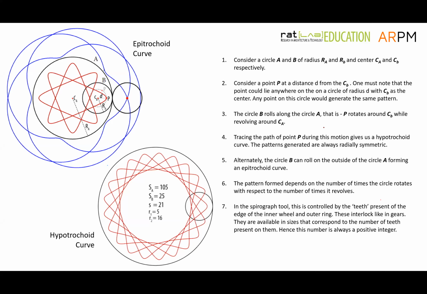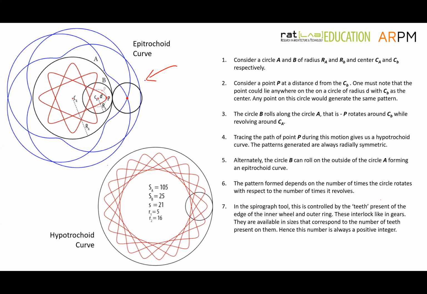So essentially, you are considering two circles, circle A and B, the outside and the inner one, which are your ring and the wheel, having respective radii RA and RB and center points CA and CB. And then we consider a point at a distance from the center point, which is what you see in this diagram. This is the point that will generate the pattern. And then the next step is about what I just explained, rolling this circle n number of times to create this pattern.